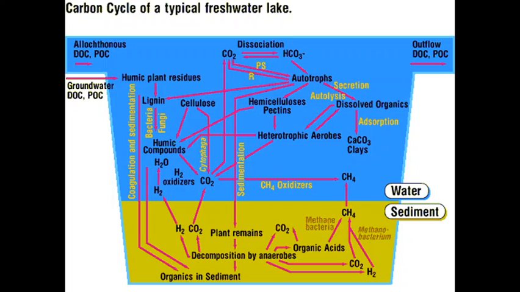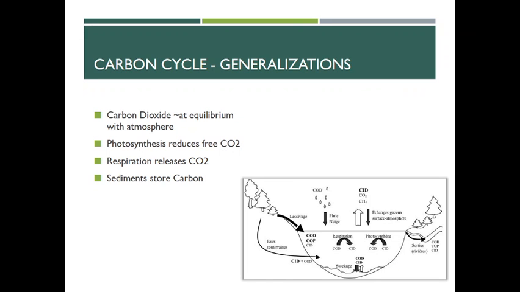There's carbon going through all sorts of different pathways in a lake. We don't need to know it this closely. The way I would like you to think about it is, how does carbon dioxide enter the lake? How does it get transformed in the lake?